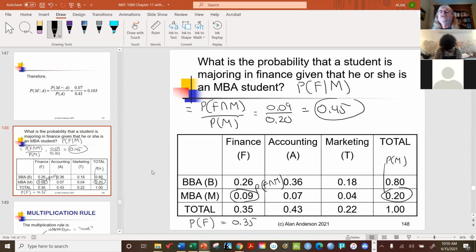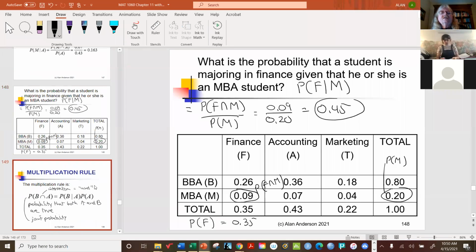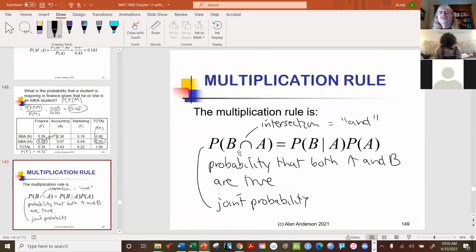There's actually two equivalent versions of the multiplication rule. Either one can be used depending on what information you have. So for example, this is the first version of it. You can see it's defined as a joint probability, actually, B and A. Remember, this is the intersection symbol and it represents and.